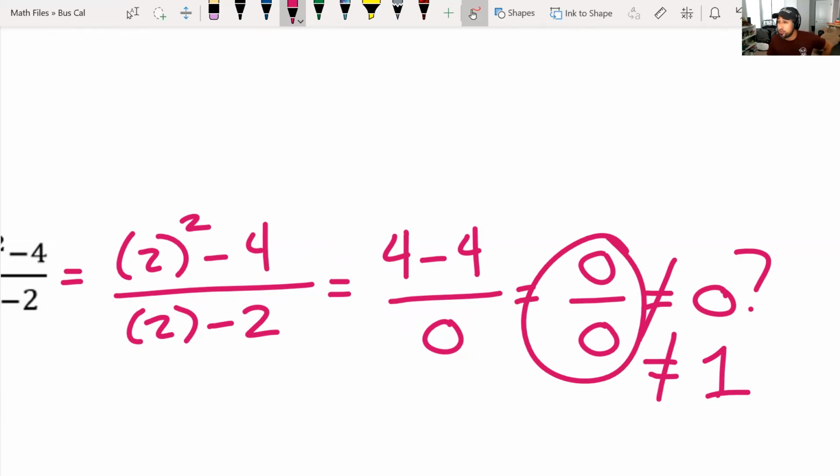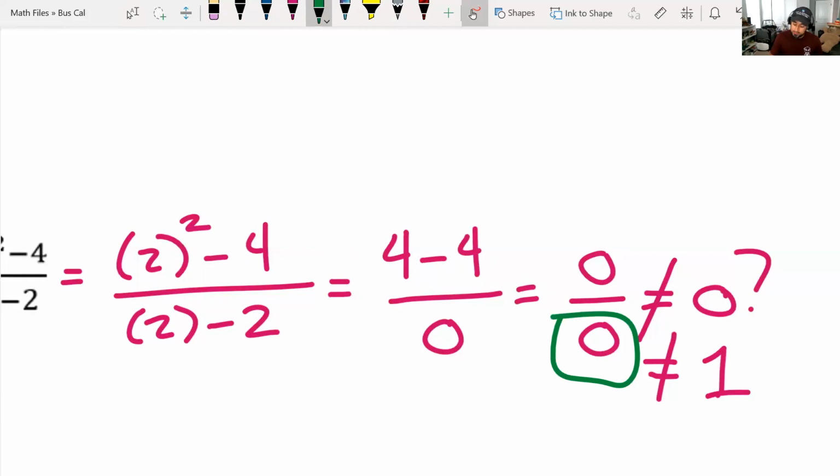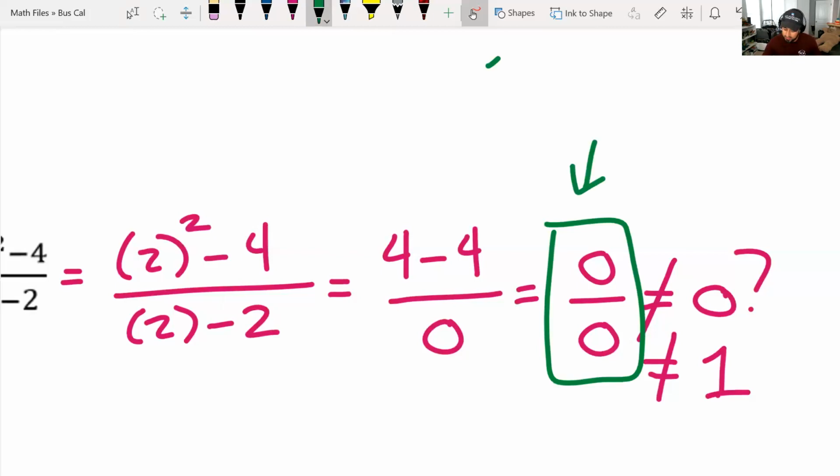So shouldn't 0 over 0 be 1? No. If you ever run into this issue where your denominator zeroes out, this means you have run into a specific type of form. This is called an indeterminate form.